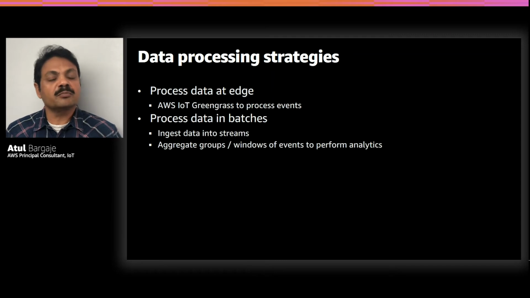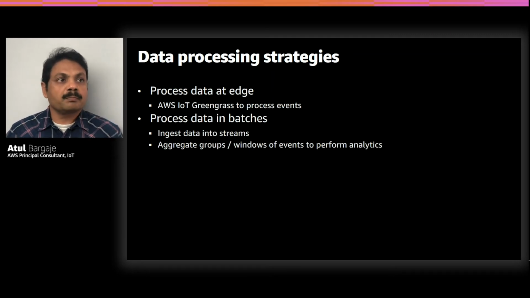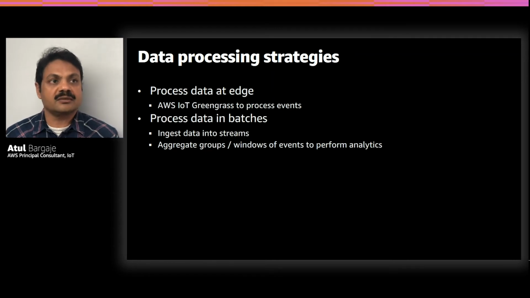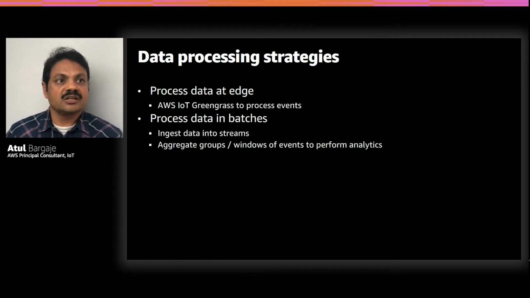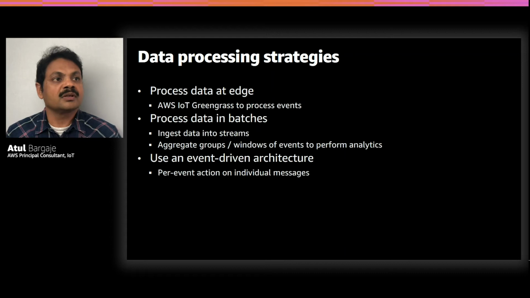Another strategy for processing data is to process data in batches. So you would aggregate a set of events in a time window and then process these events in one batch.